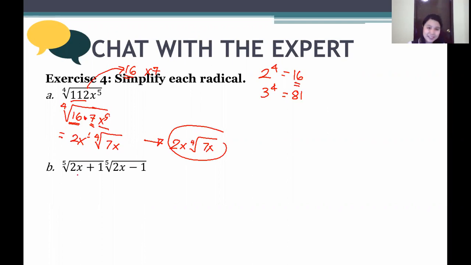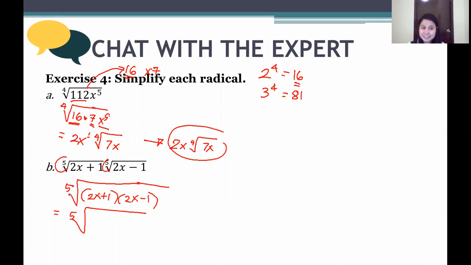The last one. Same index. We can write them as 1. Then multiply the first radicand by the second radicand. With a sum and difference, the answer is square of the first minus square of the second.